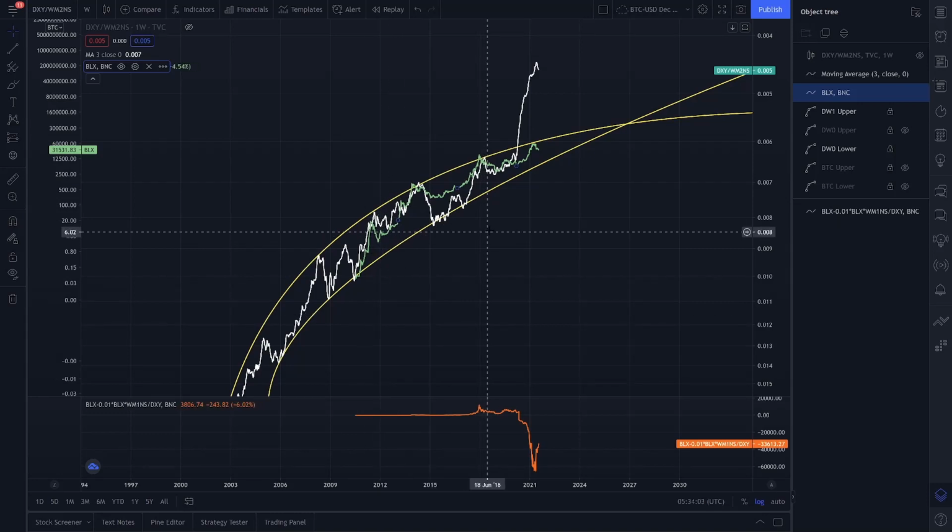So the first thing I notice is that we're sitting in the upper part of the regression band created from our value metric. And we don't have very many touch points for BTC, but again, we're assuming here that because USD is the primary trading partner for BTC, it's going to have a significant influence on price action in Bitcoin, and that's why we're comparing it here with this value metric.